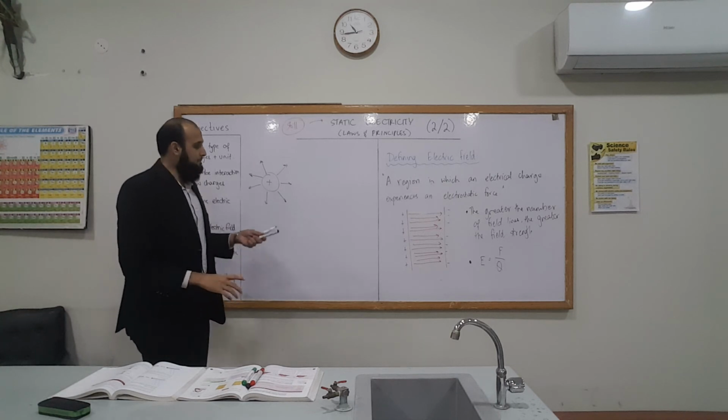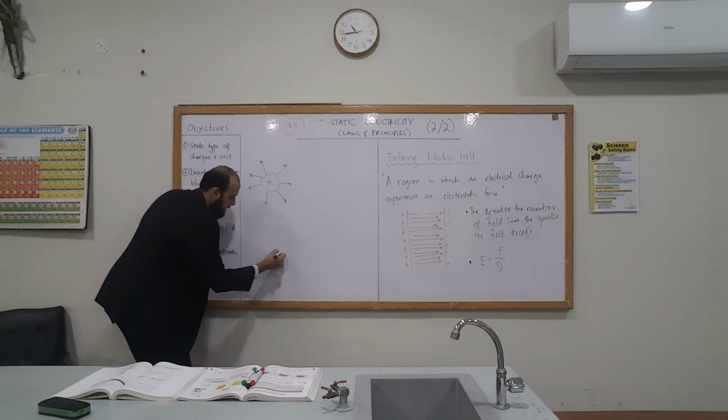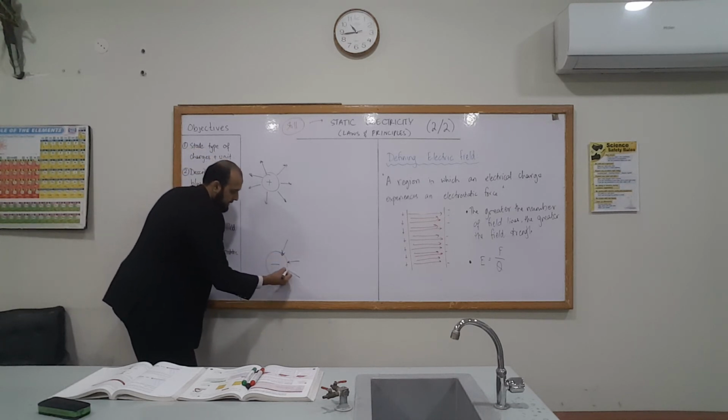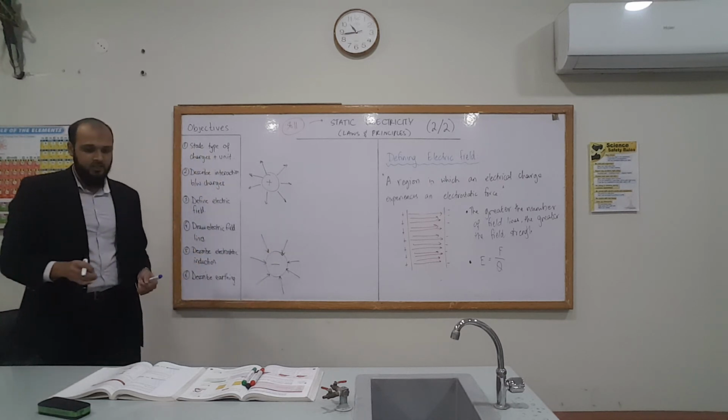And अगर आपके पास एक isolated negative charge हो like this, तो field lines terminate, they come in, they end at negative charges. An isolated positive charge can exist and an isolated negative charge can exist.